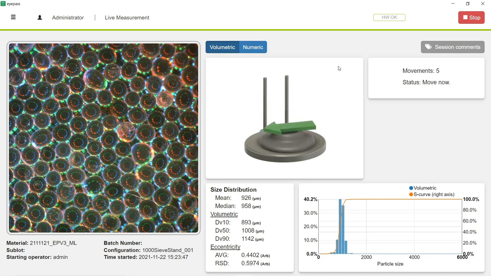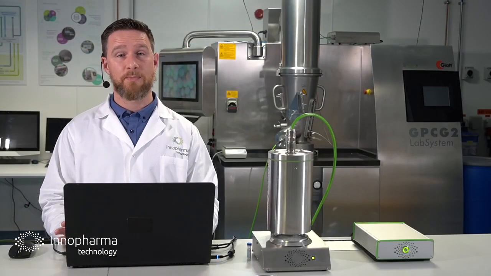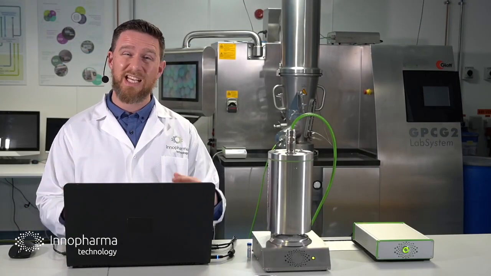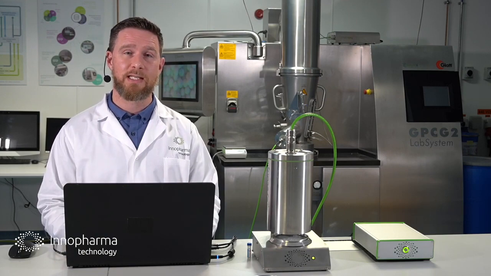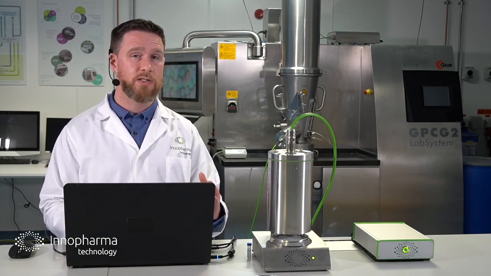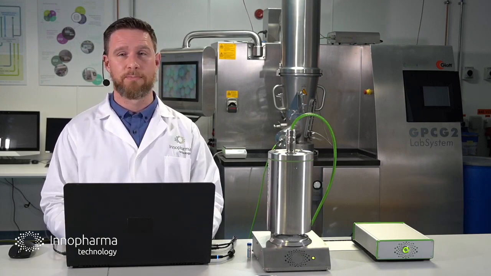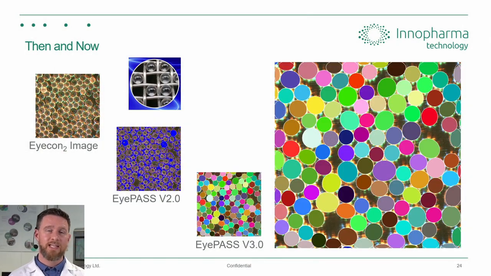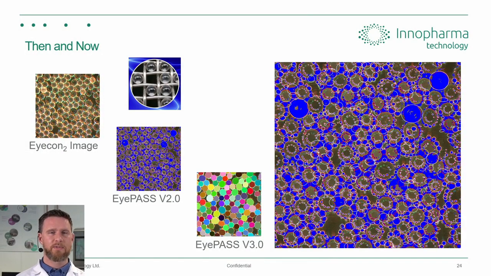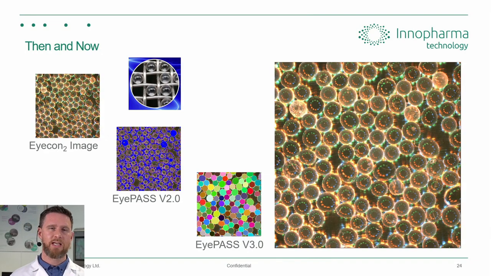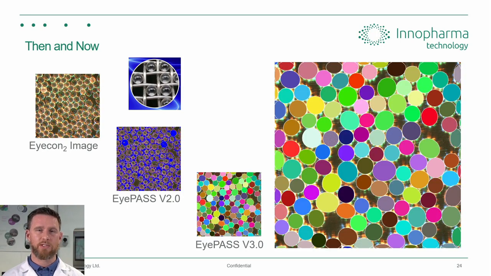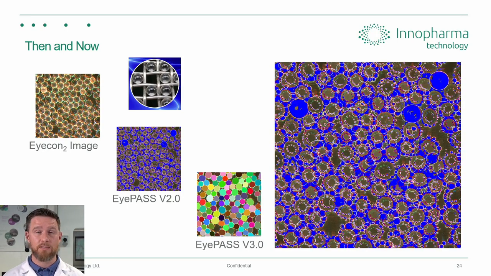But to talk about that a little bit more, we'll move back to the slide deck over here, and we'll talk about what's happening in the background for this image analysis and what it really means for the Icon 2 and EyePASS version 3.0. So, the then and now. The top left image that you're looking at here is a raw image taken from the Icon 2. It's these glass beads again, these sieve standards that we're using to measure particle size.